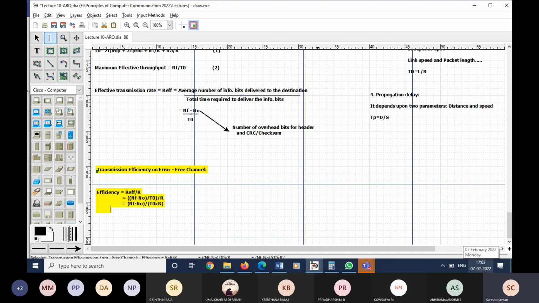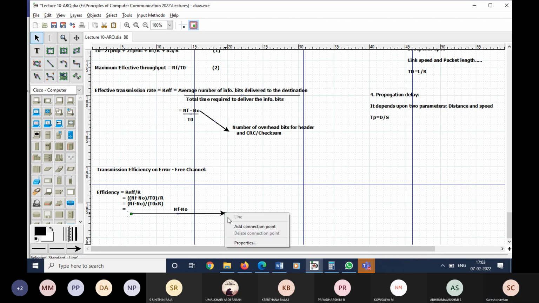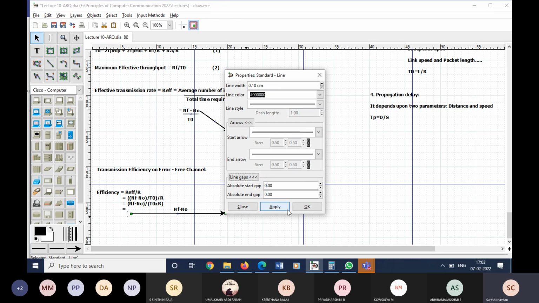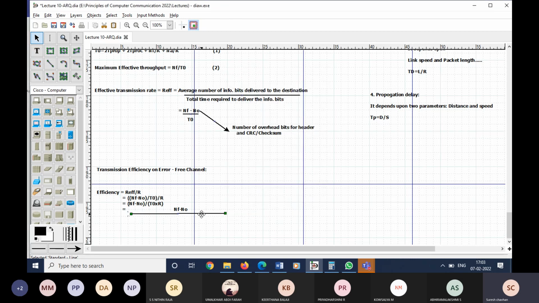What I'll do is write NF minus N0 or N overhead divided by T0. It will become very small, because T0 is a very big equation.